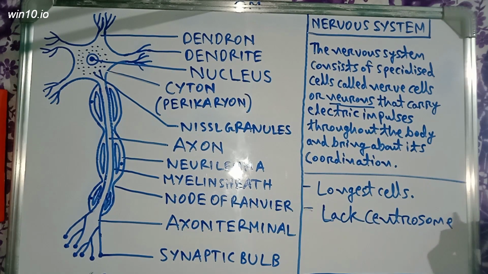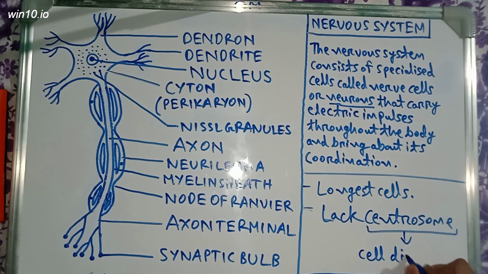Why? Because centrosomes are those cell organelles that are mainly associated with the process of cell division. And nerve cells are such cells which have lost the ability to divide. They cannot carry out cell division and form more cells.